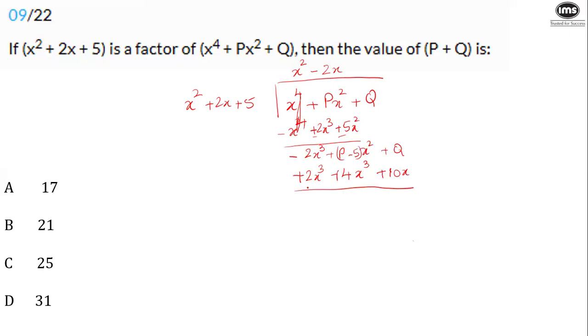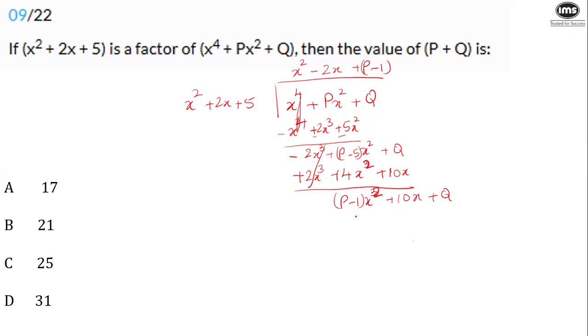So again, this cancels out. And what do we have here? Sorry, this is x square. The coefficient of the square term would be p minus 5 plus 4, which is p minus 1. And then we have plus 10x and plus q. The last part here is then p minus 1, so multiply by p minus 1.